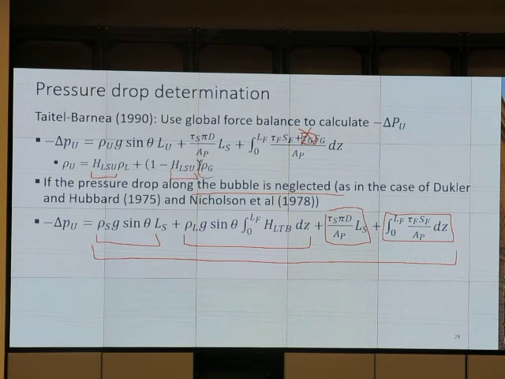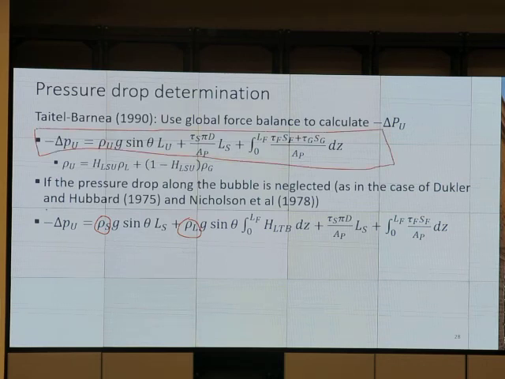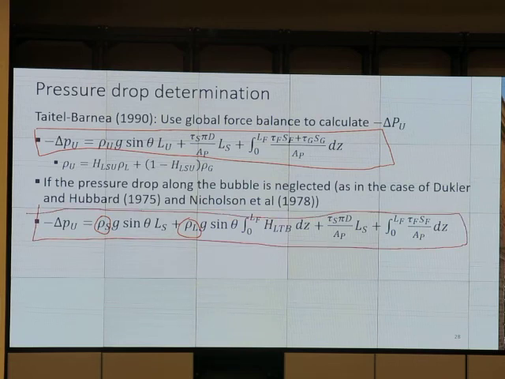You see that rho G? But this time, rho G doesn't appear for the film part. It has just rho L. So we don't consider the density of gas because it's so small. The friction due to gas is so small. So the full form is correct. The approximation is also okay.